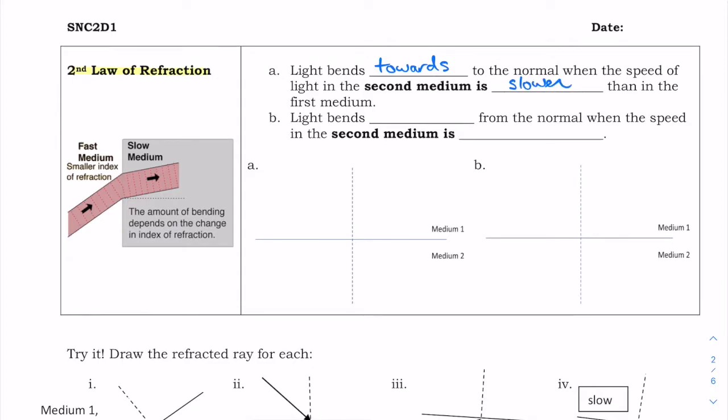So in other words, when light slows down, it bends towards that dotted line, which we call the normal. Let's show this in the picture below. So once again, the dotted line represents the normal. The horizontal line represents the interface between mediums 1 and 2. It's the boundary that separates the two.